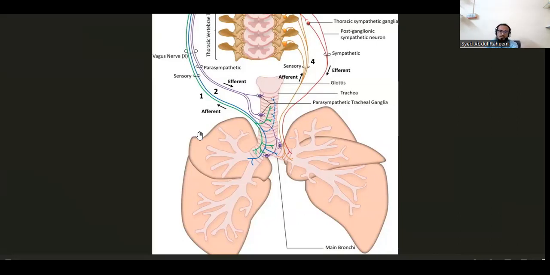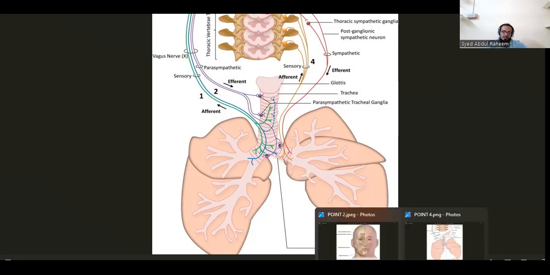And if there is damage or structural changes, we can add the C group also, if infection is there, pus is there, or any obstruction is there. According to the condition, you can add the remedy. So this is the bronchial area, bronchial nerves.